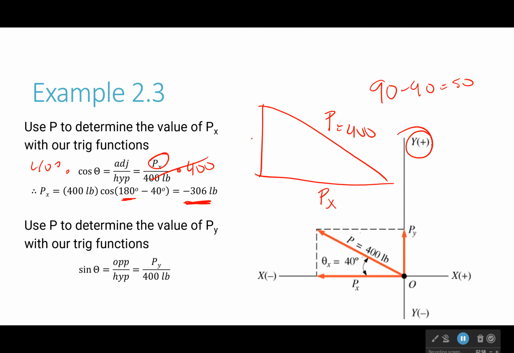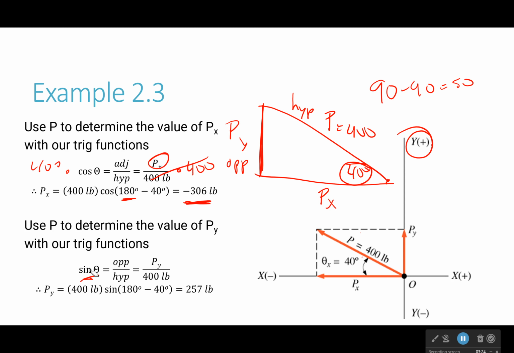This is px. That's py. It's a terrible p. There we go. And this is our 40 degrees. And so we see that if this is the point, this is the base. So this is the opposite side. This one's always the hypotenuse. And so opposite over hypotenuse of 40 degrees is going to be sine of theta.